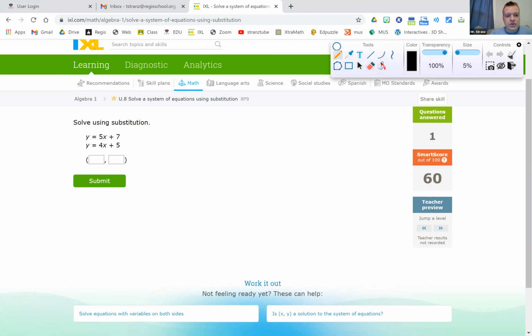Okay, I'm going to take the first one, y equals 5x plus 7, and I'm going to substitute that into the second equation. All right, so now I'm going to have 5x plus 7 equals 4x plus 5. All right, now I can solve what x is going to be.